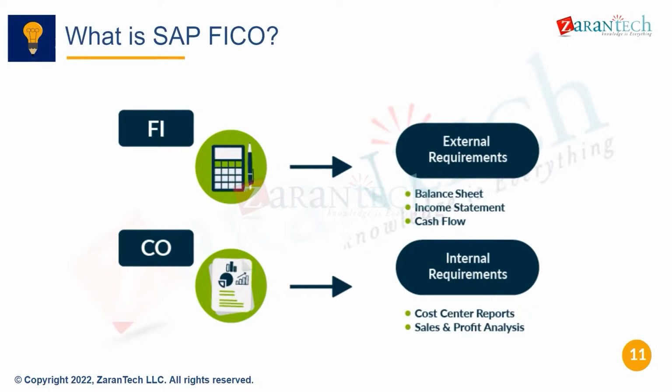And then CO is for the internal requirement. Companies spend a lot on expenses in their day-to-day activities, and companies should have control over those expenses to reduce costs and maximize profits. This is basically for internal requirements, and the controlling module is also called management accounting.